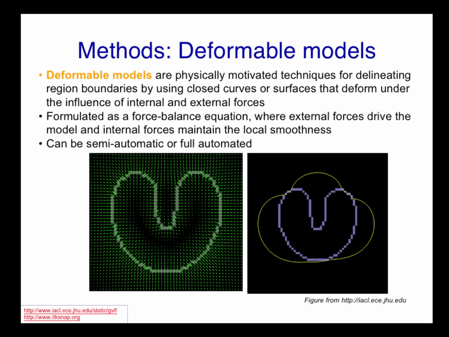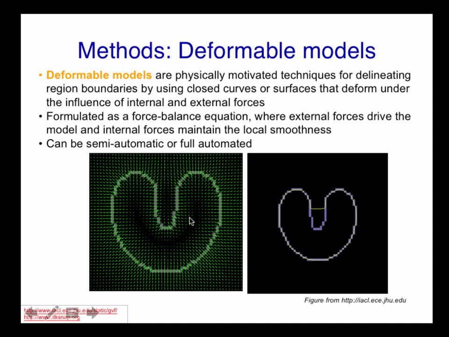So the idea of a deformable model is that you're going to have a contour in 2 dimensions or a surface in 3 dimensions, and we're going to simulate movement of that contour or surface based on physics properties.